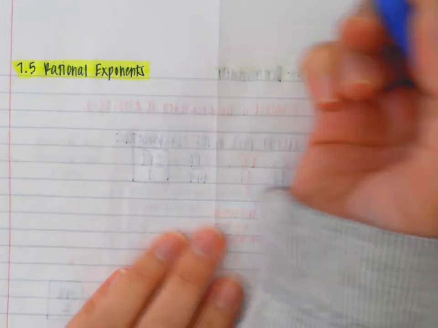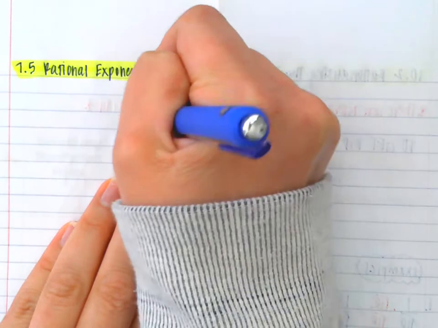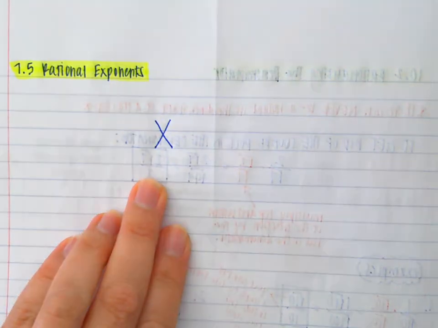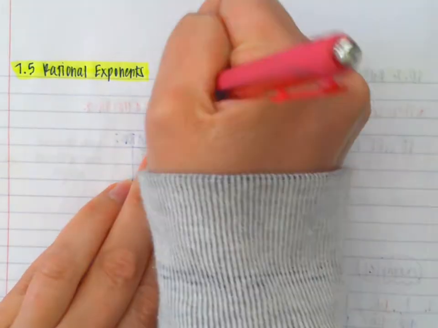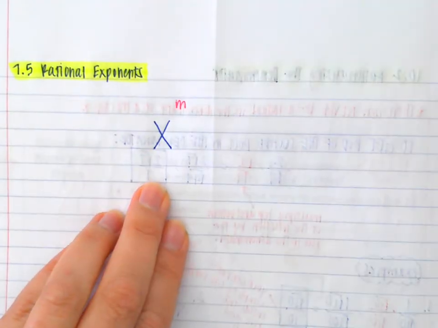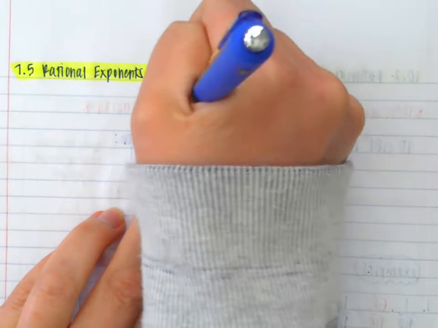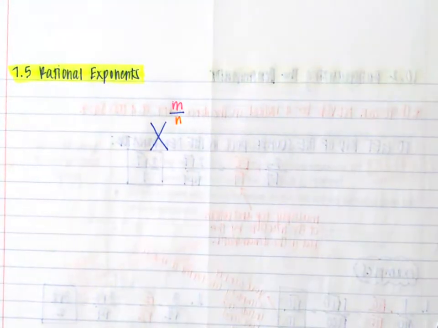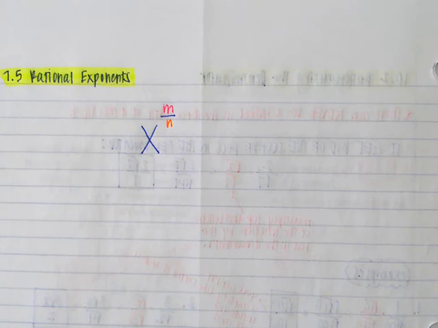So if you saw something like x to the m divided by n, we can rewrite that using both exponents and using radicals.